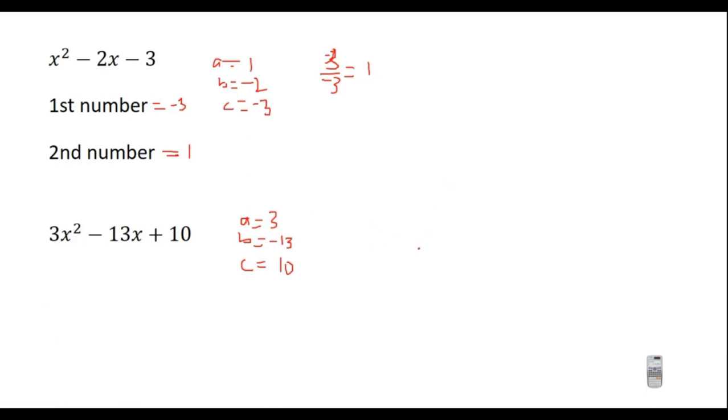So multiply that number by a. In this case, a is 3, so you are going to have -10/3 times 3. That 3 is cancelling 3, which will give us -10. So the first value that we are having is -10.